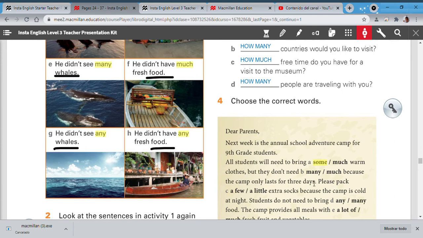But they don't need many or much because the camp only lasts for 3 days. Many is for countable and much for uncountable. We're talking about clothes, okay? Please pack a few or a little extra socks. A few, countable, remember, countable. Because the camp is cold at night.